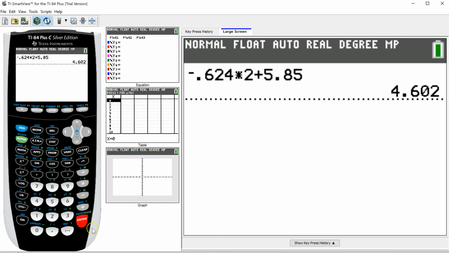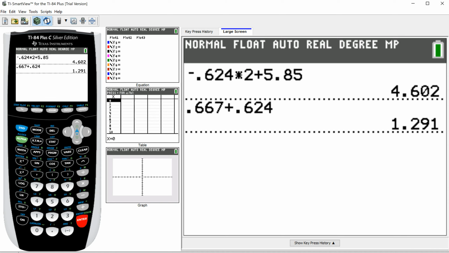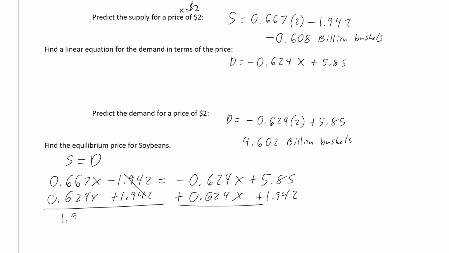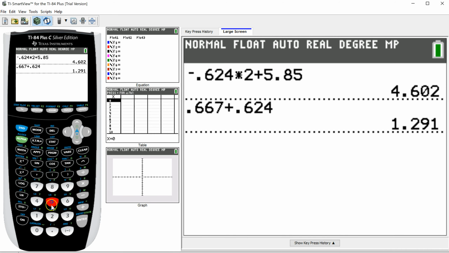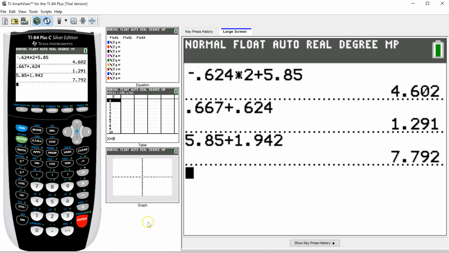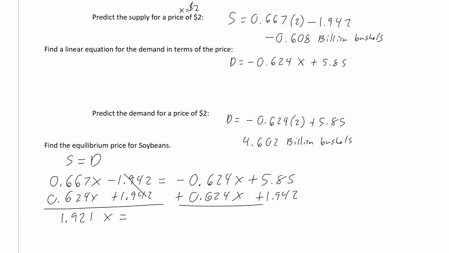So 0.667 plus 0.624 equals 1.291, and then 5.85 plus 1.942 equals 7.792.